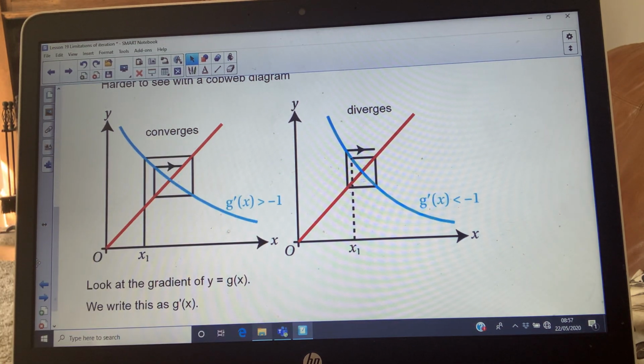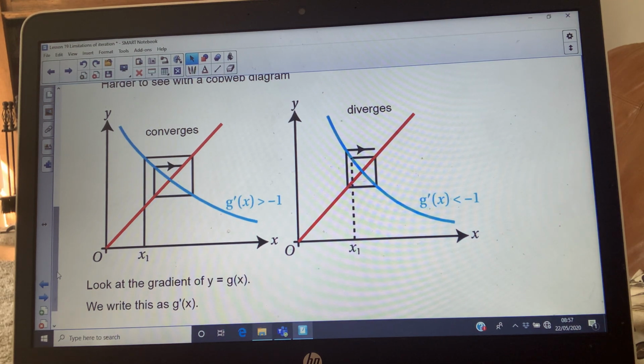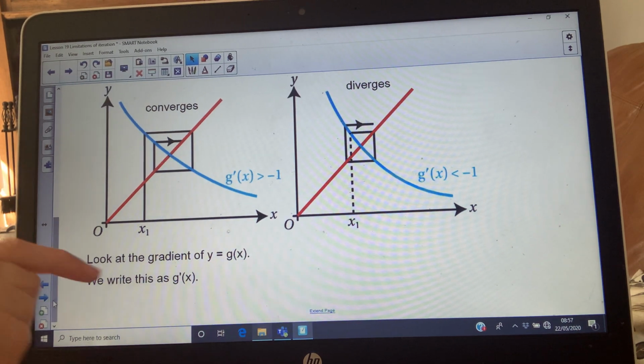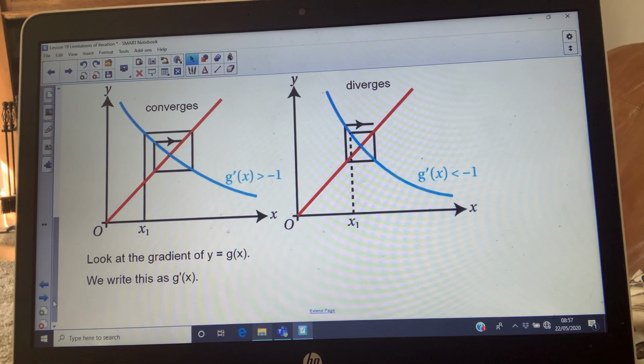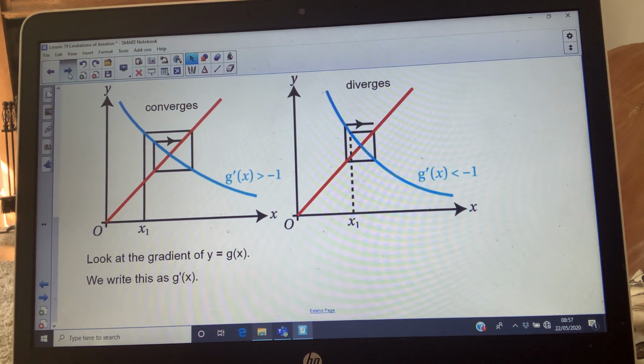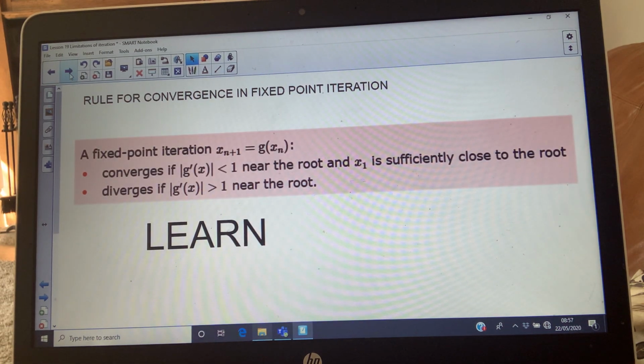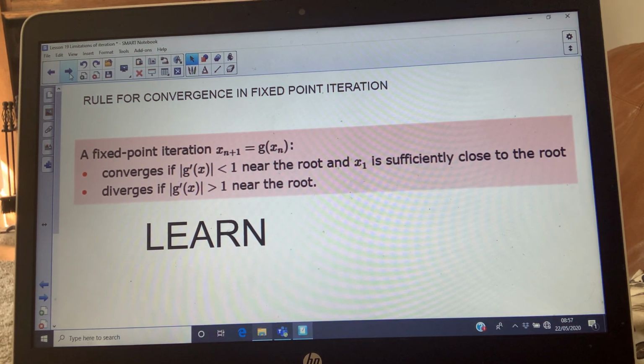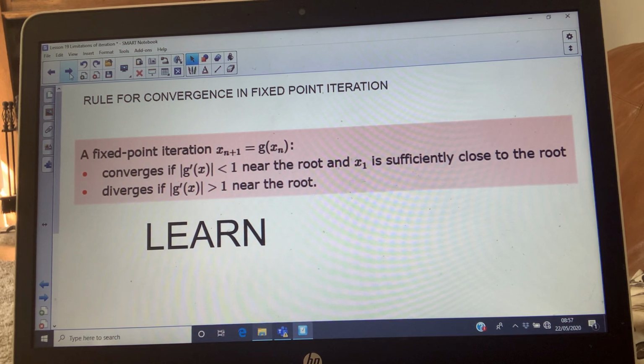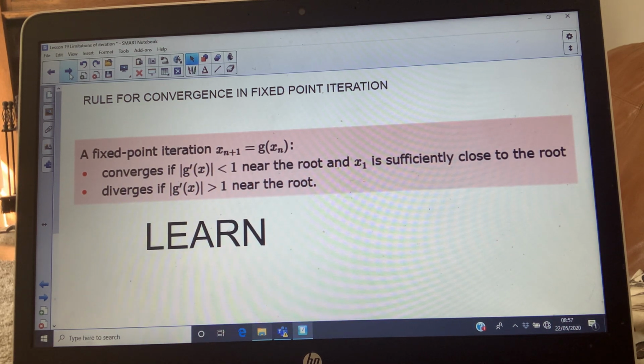So we just need a way of summarizing that. Now we use the notation of dash to show that we've differentiated the function, and we are going to summarize it like this. So we'd like you to put that in your notes in this topic, but we will do more questions using it when we've done more differentiation.